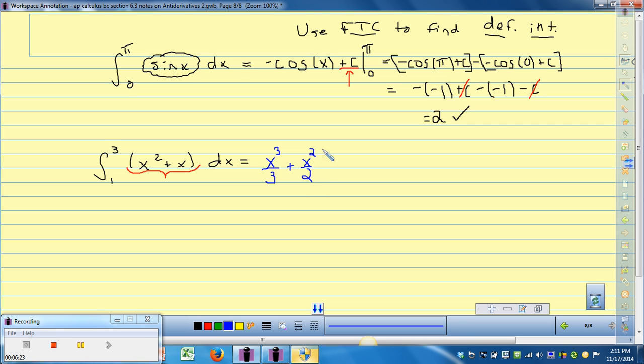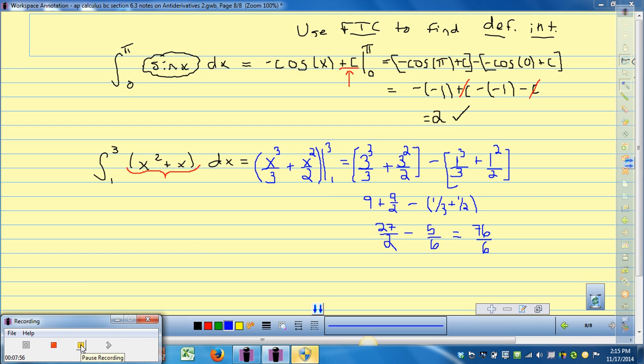And this is to be evaluated between 1 and 3. Okay, so we plug in 3 for x, and we get 3 cubed over 3 plus 3 squared over 2, minus, and then we plug in 1 for x, 1 cubed over 3 plus 1 squared over 2, and then we just calculate those fractions to come up with 76/6.